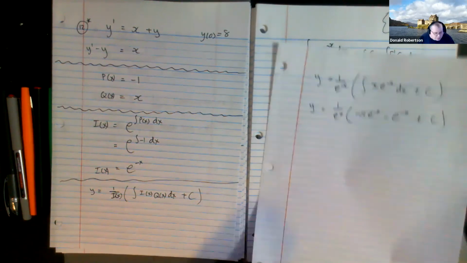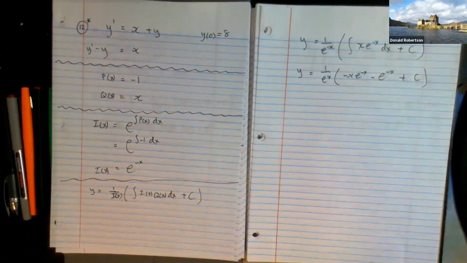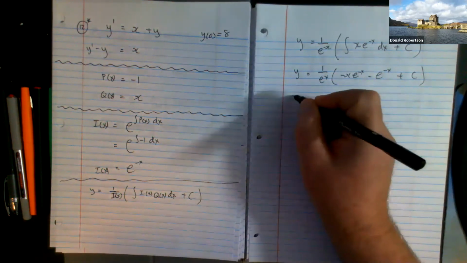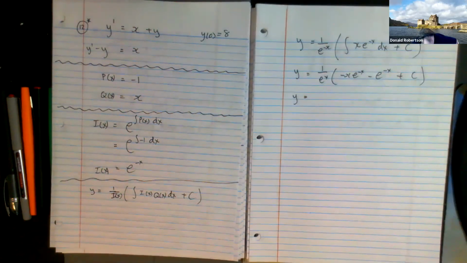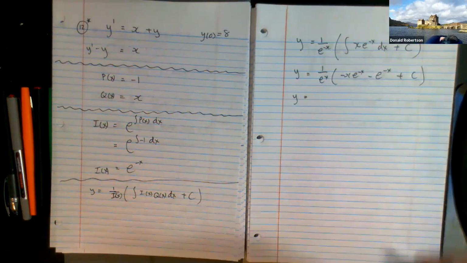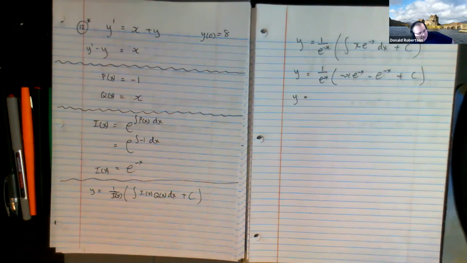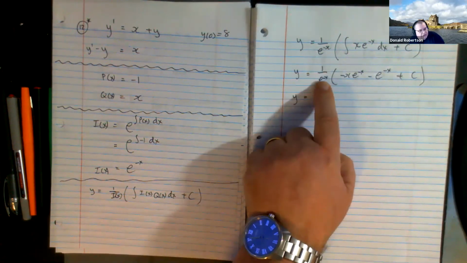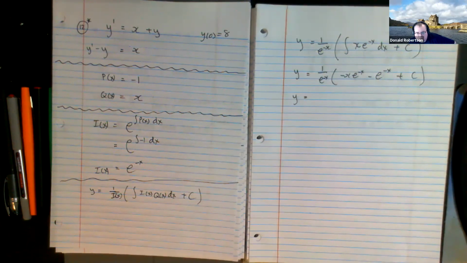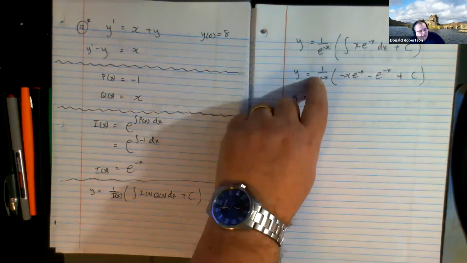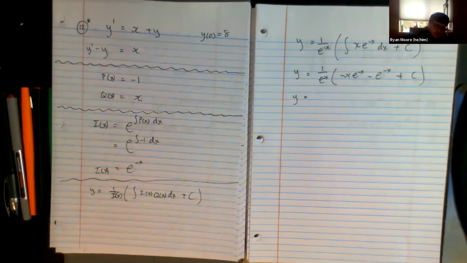So far, so good, right? Oops, a little negative there, right? Let's do style points before we go hunting for C, because if we do style points, it'll actually make calculating C easier. Any ideas of a better way to write 1 over e to the negative x? E to the x.